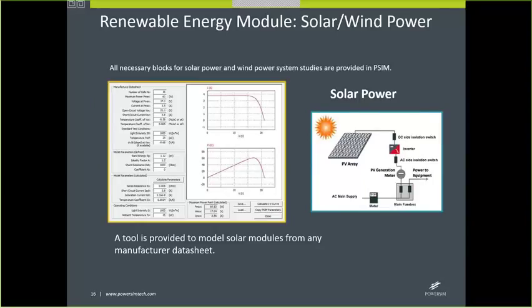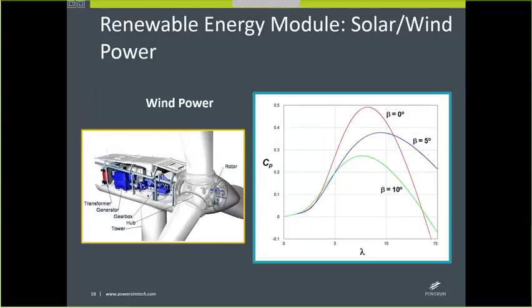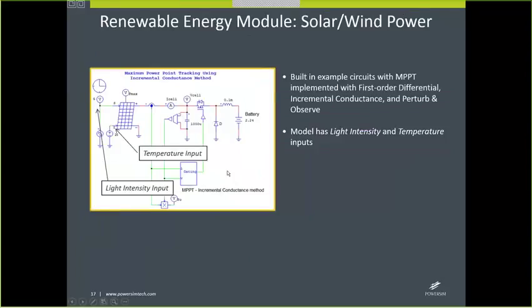This is a look at the renewable energy module. There's a utility tool provided to help you bring in the parameters from a data sheet for your solar model. Pretty self-explanatory. Here's a look at one of the renewable energy example circuits. This is with the more detailed solar module, so it has a sunlight intensity and a temperature input, and both can be arbitrary waveforms.